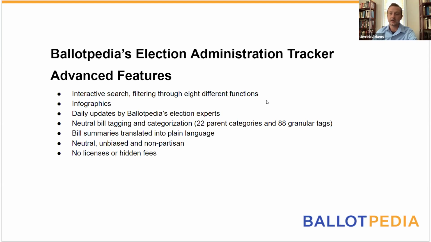We identify what actions have occurred in the past week. We give broad breakdowns on where all of our bills stand within the legislative process, how many have been enacted, how many have passed both chambers, so on and so forth, and just provide a number of broad-based overview data points along those lines.